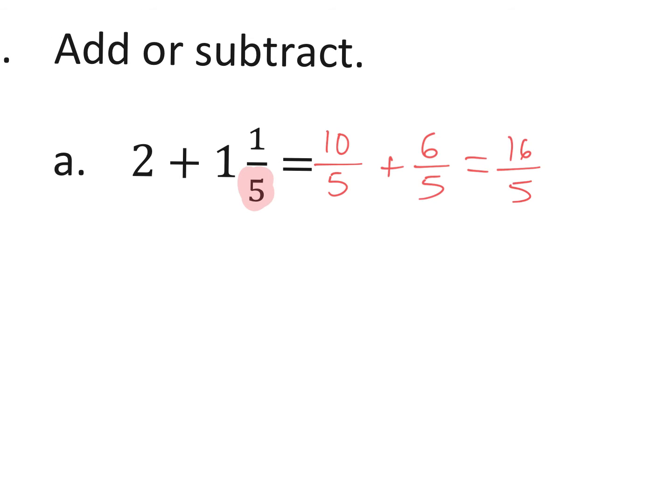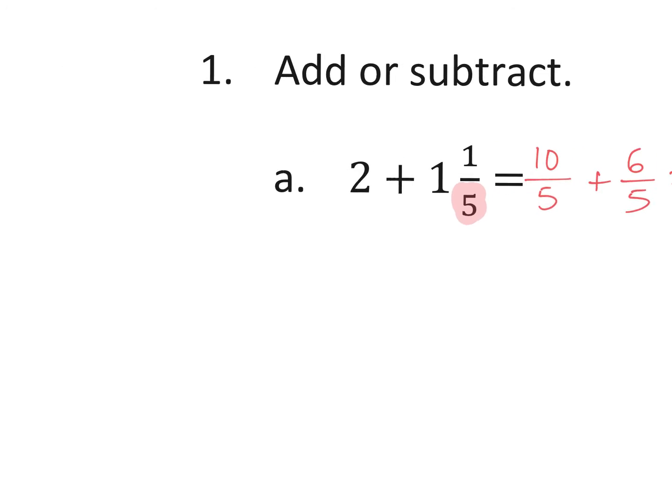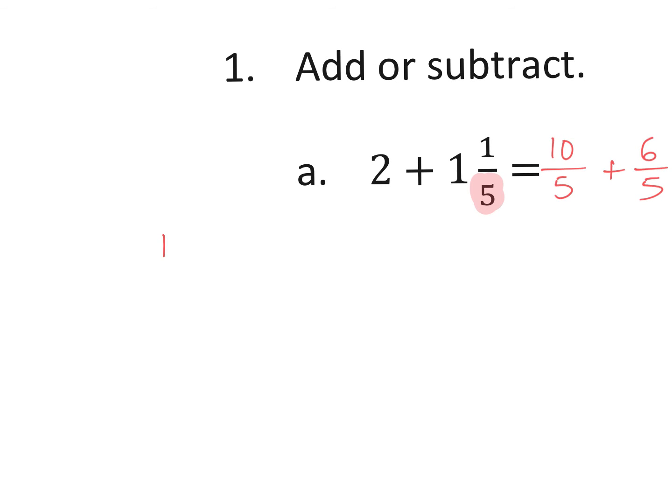But now, when I have a number at the top, an improper fraction, I need to simplify it and change it back to a mixed number. So I ask myself, how many times does 5 go into 16? What's 16 divided by 5? I do 16 divided by 5. 5 goes into 16 3 times, minus 15.